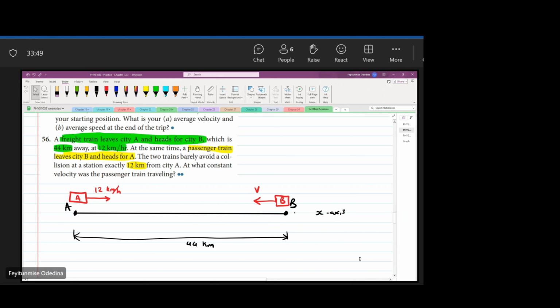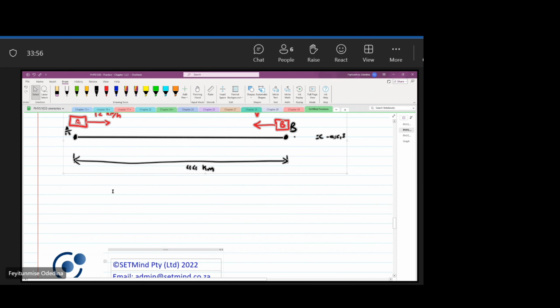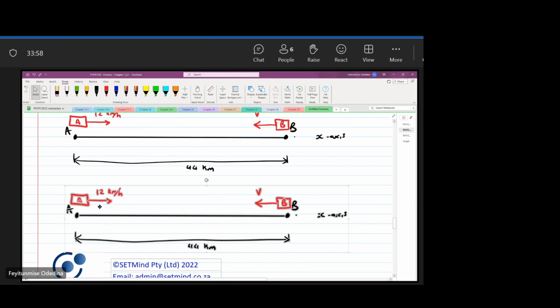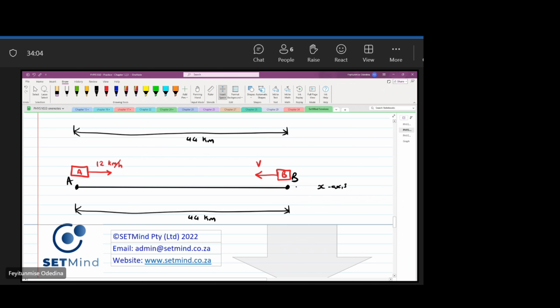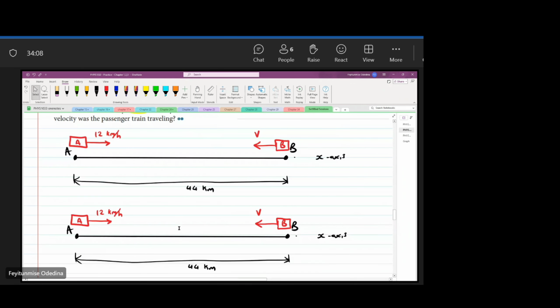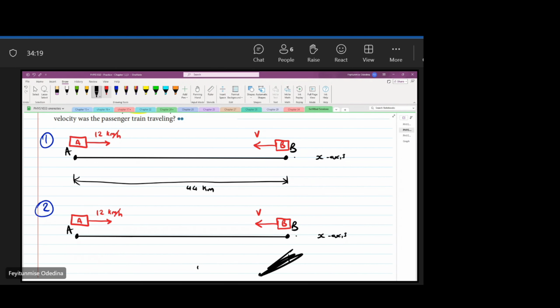So do that, copy and paste, and we have this. So this is phase one and phase two. But at phase two, things have changed a bit. They are still both moving at constant speeds. However, they are now at a distance that is 12 kilometers.